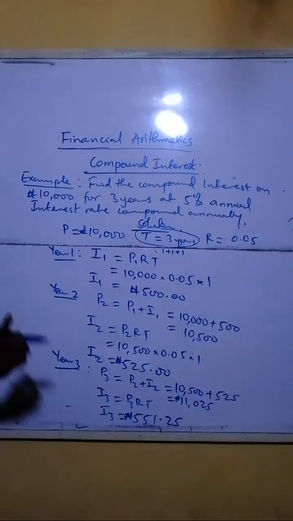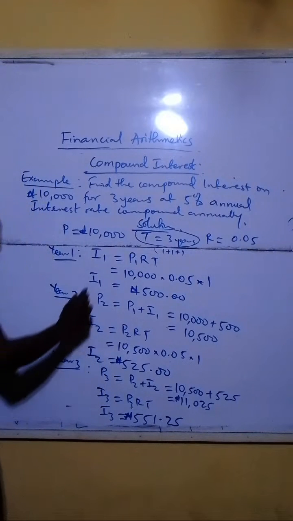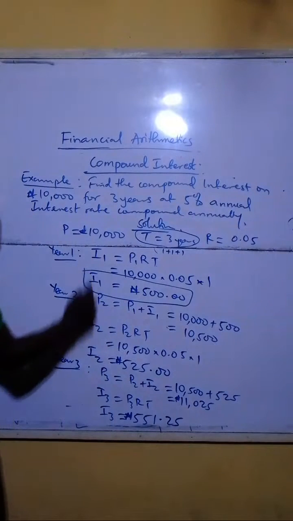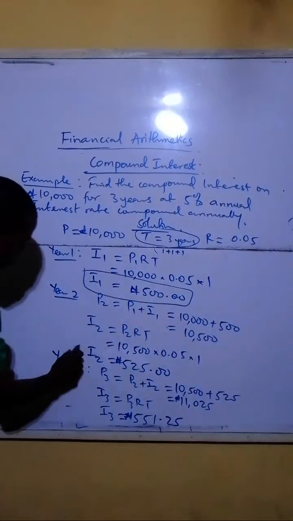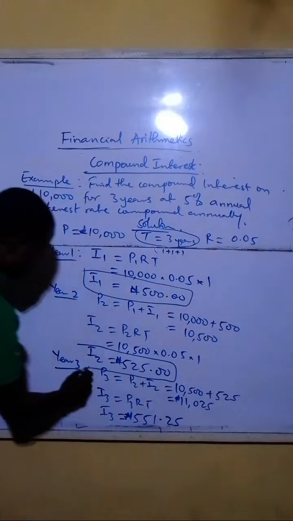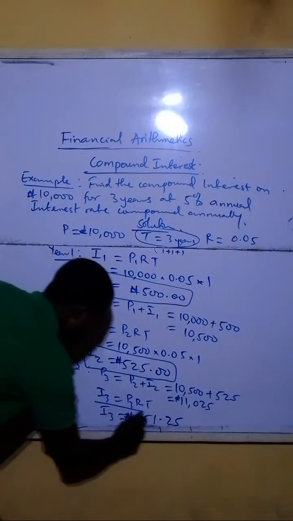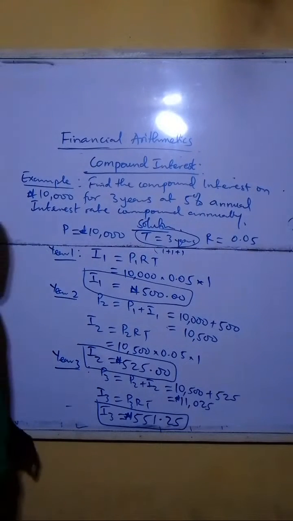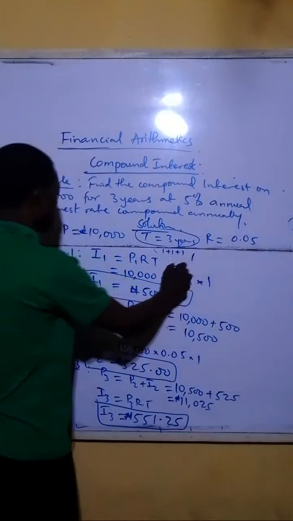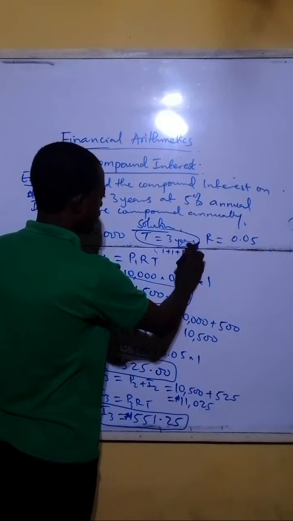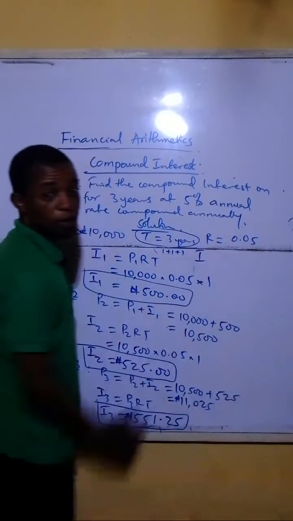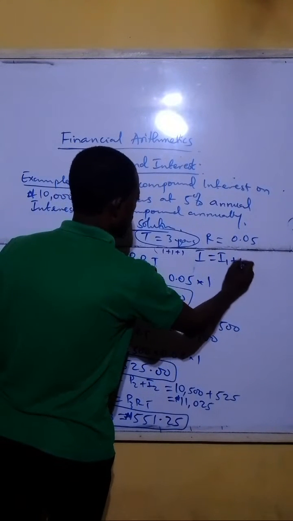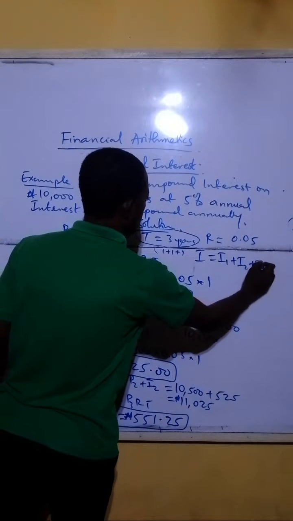So we have 3 interests now. We have I1, interest in year 1, I2, interest in year 2, and I3, interest in year 3. The final interest, which is the compound interest we are finding, I, is equal to I1 plus I2 plus I3.